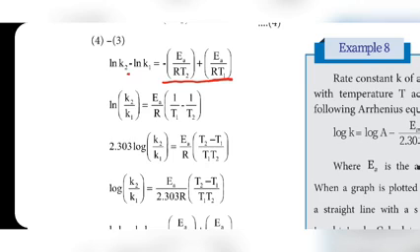In log, if minus is there we can put a division symbol, already we know.